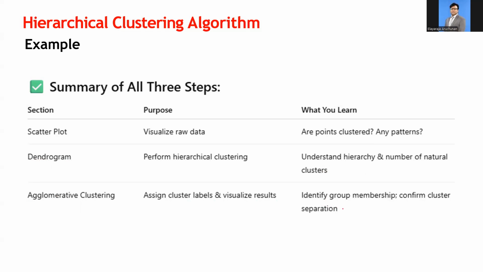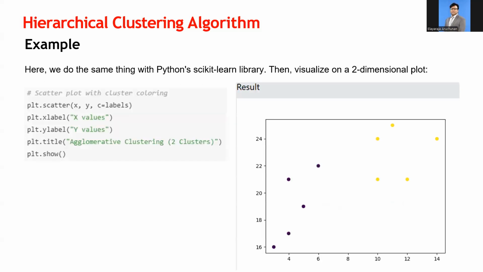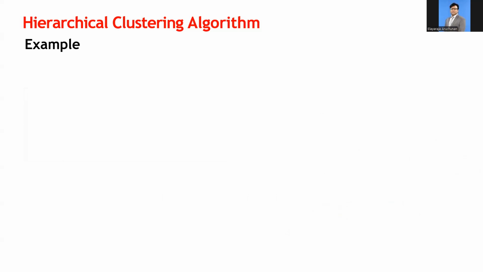Based on that, we are able to identify group membership, and then we confirm cluster separation. So we have two separated classes, one is purple and the other is yellow. Clearly, we can see this based on the Ward linkage method.